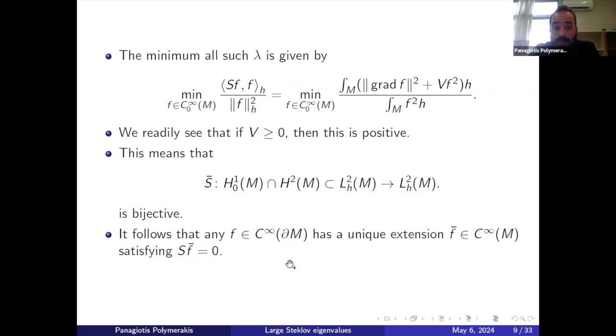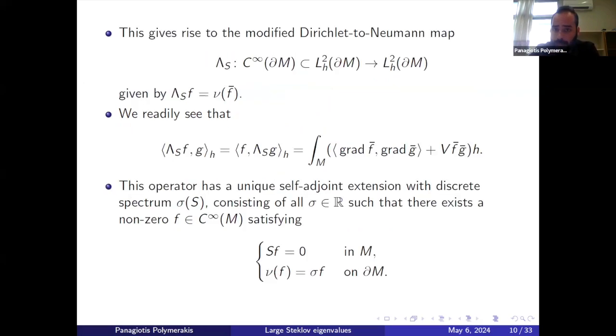And this allows us to define the modified Dirichlet-Neumann map as follows. Given a smooth function on the boundary, say f, we get the normal derivative of the S-harmonic extension of f. And again, we consider this operator in the weighted L2 space on the boundary, and it turns out that this operator is symmetric and essentially self-adjoint with discrete spectrum, which we'll denote by sigma of S, and consists of all real numbers sigma such that there exists a non-zero S-harmonic function with normal derivative being sigma times itself on the boundary.